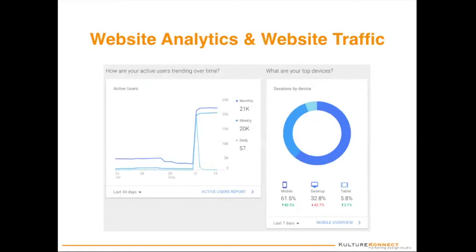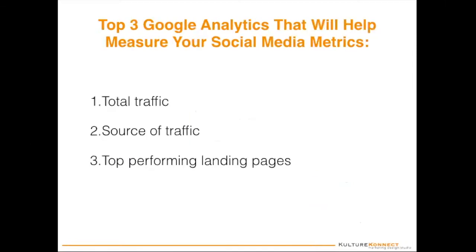This will allow you to create a goal for your social media planning. And I'm going to talk about three main social media metrics that you can connect with your website analytics.